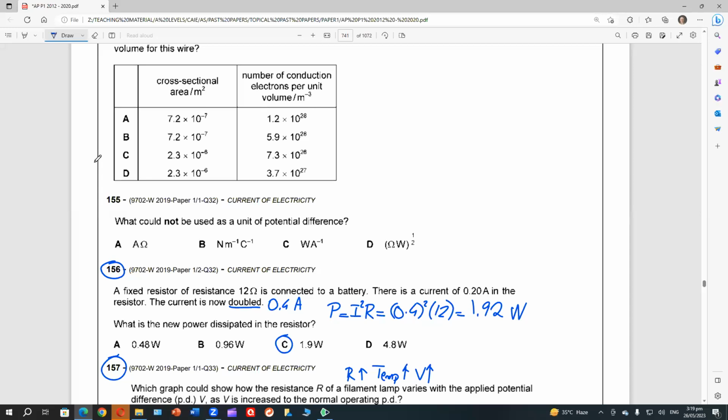What could not be used as a unit of potential difference? Now, what is the unit of PD? The main formula for voltage is work upon charge, which means joule per coulomb, which means Newton meter per coulomb.